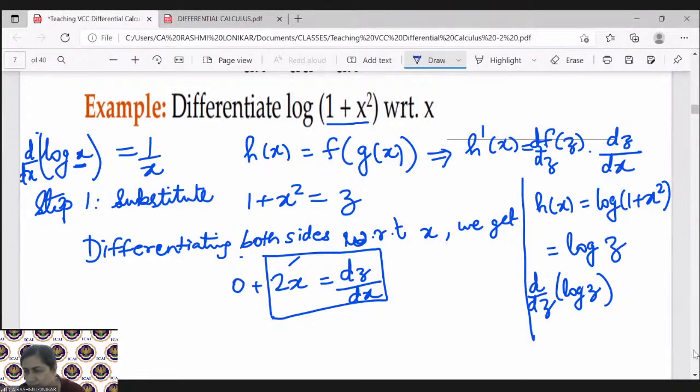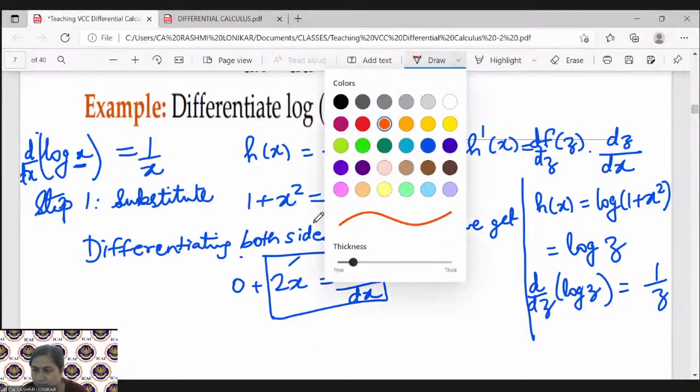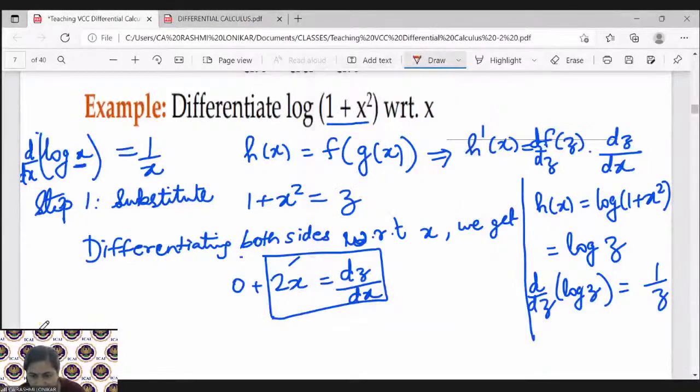So what will I get over here? It will be 1 upon z. So what has happened? I need to find this. So I get that h dash of x will be equal to d by dz of f of z into dz upon dx.